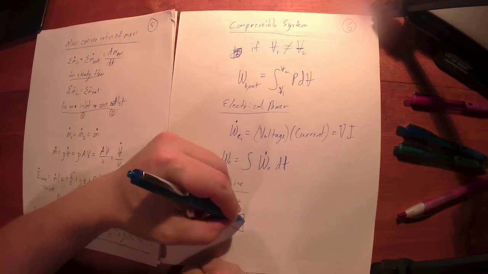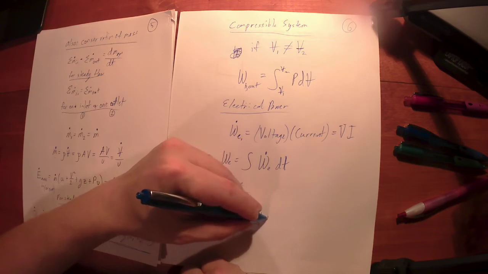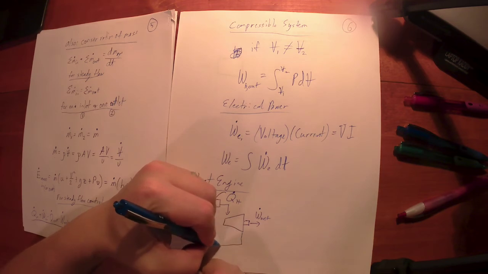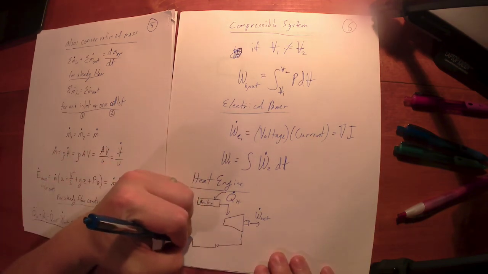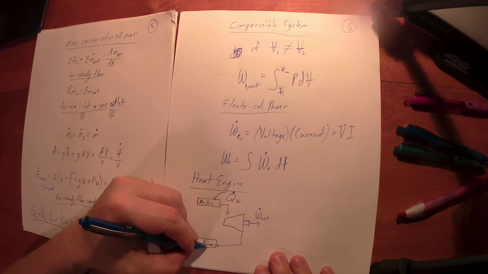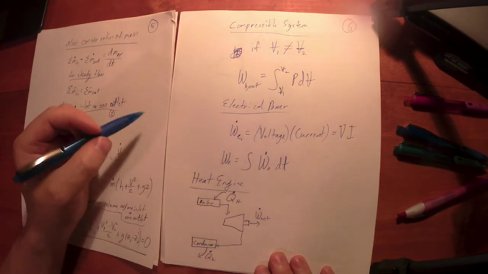That turbine's going to extract a power output. And so we'll say Q dot H. From there, working fluid, typically water, is going to go into a condenser. The condenser is going to reject remaining heat to a lower temperature.